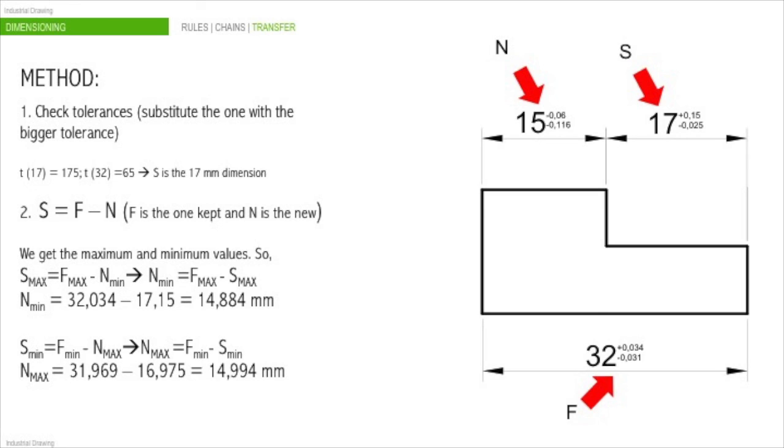Minimum value of the new one equals the maximum value of F minus the maximum value of the S. So in this case, we can get the minimum value of the new. Applying the equation for the minimum value of the substituted one, we could get, in the same way, the maximum value of the new one.